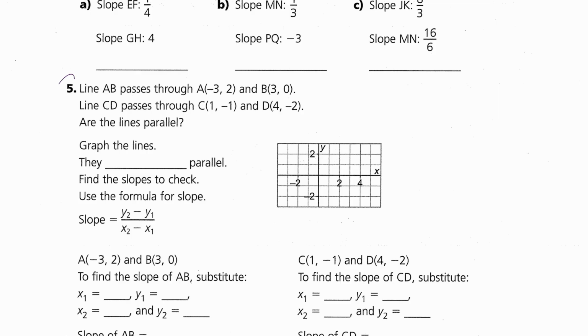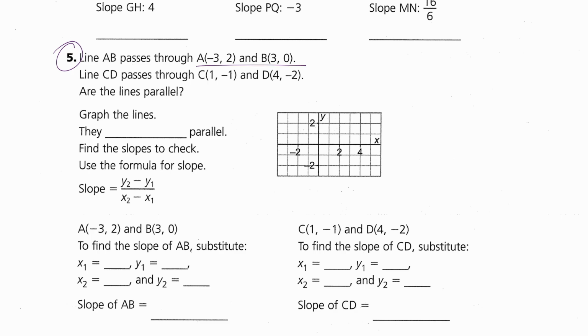Question 5 in your assignment is based on example number 1. You have two pairs of coordinates. First you have to graph the lines and state whether they appear to be parallel or appear not to be parallel.